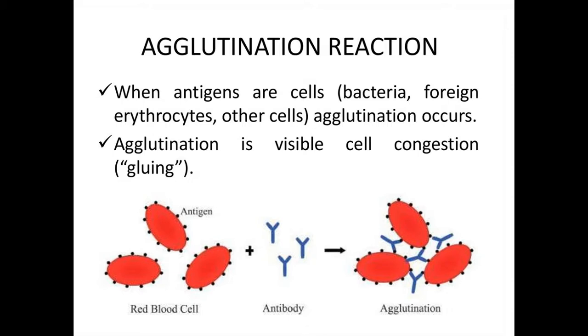Applications: agglutination reactions are classified as direct, indirect, passive, and reverse passive agglutination reactions. All these agglutination tests are performed either on a slide, in a tube, on a card, or sometimes in microtiter plates.